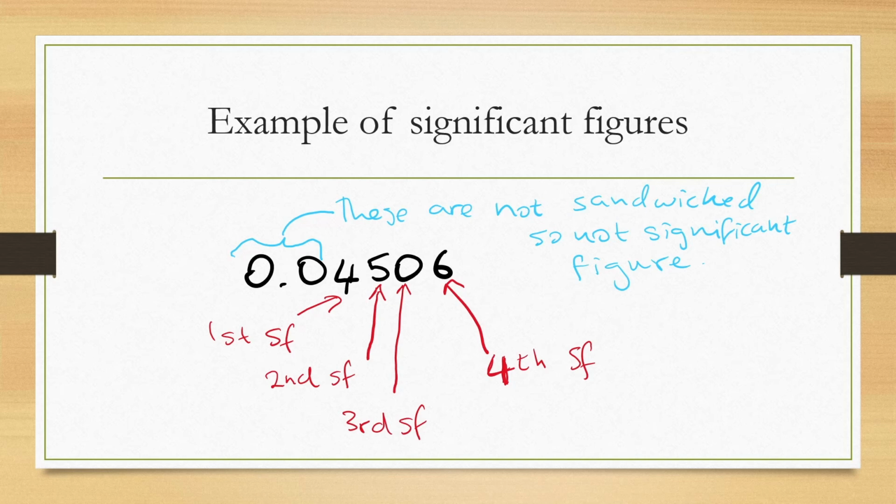These 0s are not sandwiched by any non-zero number, so they are not significant figures. 4 is the first significant figure, and 5 is the second. The 0 between the 5 and 6 is the third significant figure, and 6 is the fourth significant figure. So now you should have a clear idea of what significant figures are and how to spot them.